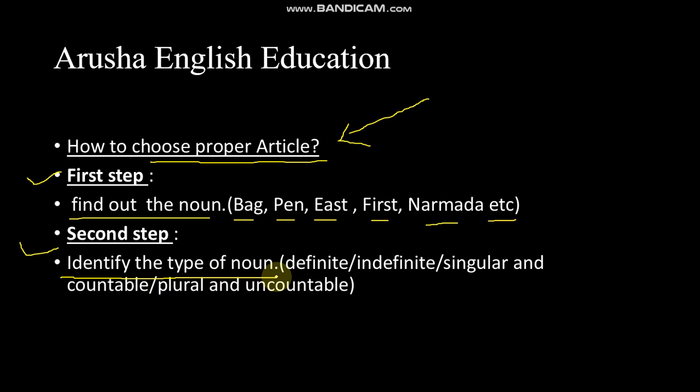I once again repeat, you have to identify the type of noun. This step is very important because in this step you identify the type. It may be definite or indefinite, or it may be singular and countable or plural and uncountable.